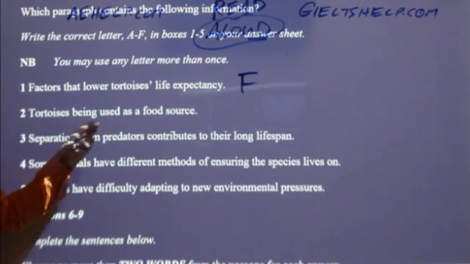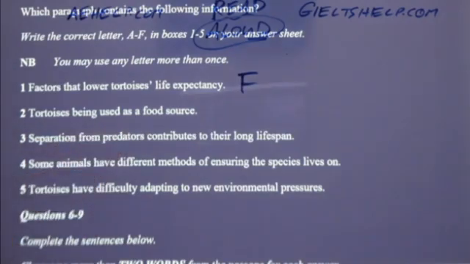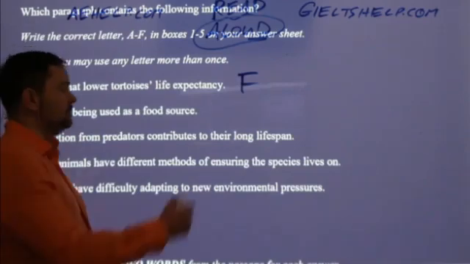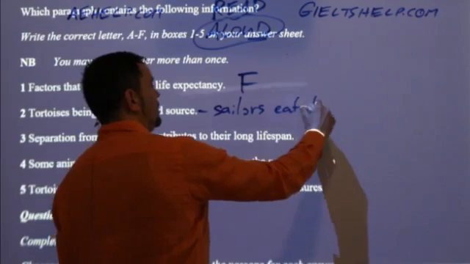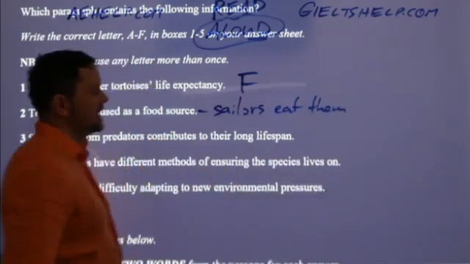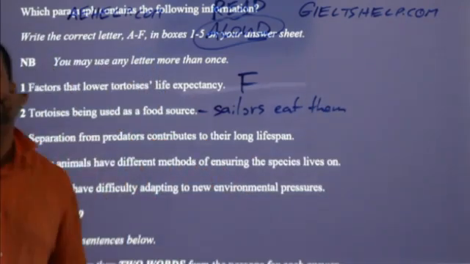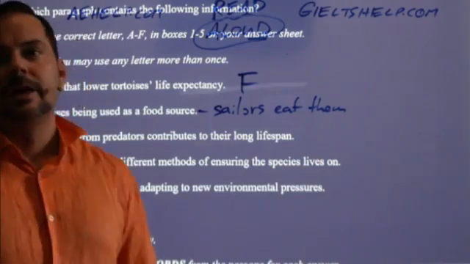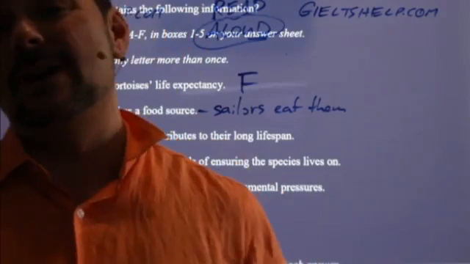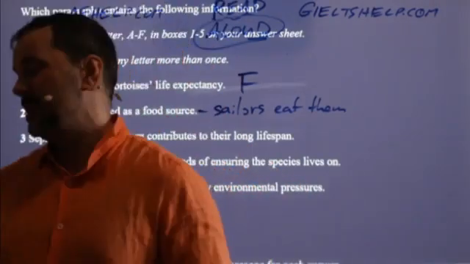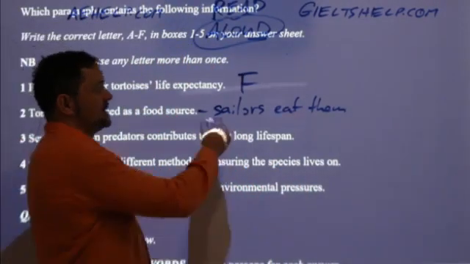Tortoises being used as a food source. So tortoises being eaten. Who's eating them? Sailors. Which paragraph talks about sailors eating them? Well, even if I don't remember exactly which paragraph, I remember it was maybe paragraph 3 or 4, and I remember that it was sailors.